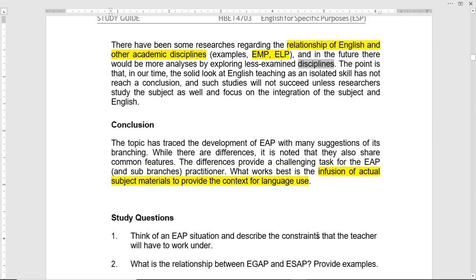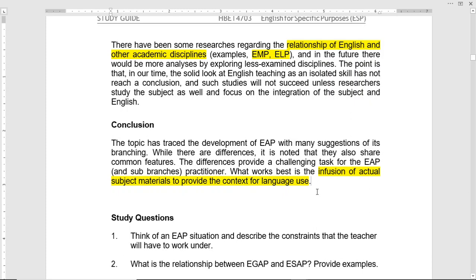So what works best is the infusion of actual subject materials to provide the context for language use. So think about these points. And English for academic purposes, English for occupational purposes. Then also in English for academic purposes, you have the general purposes and the specific purposes in certain subject areas, for example, science, mathematics, arts, commerce, religion, and so forth.